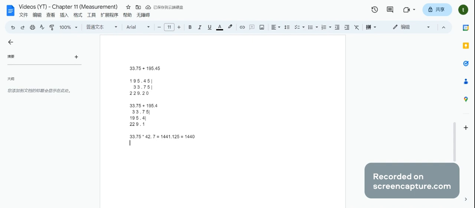Okay, so let's do some practice now. For example, I'm going to give you a few questions. 375.5 times 1.7. Identify the significant figures of the following.